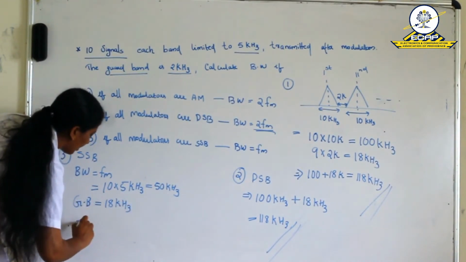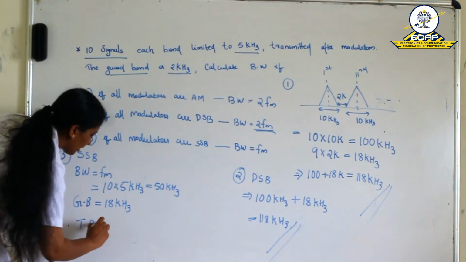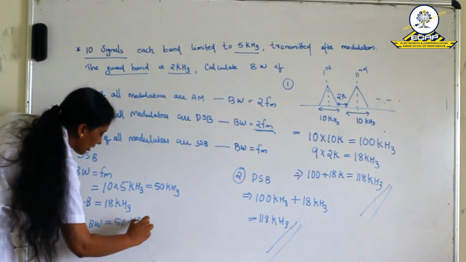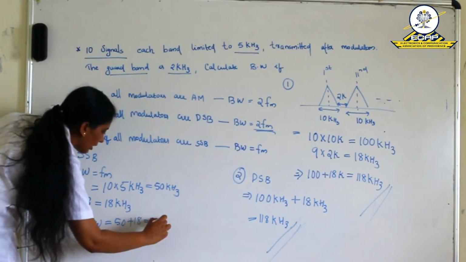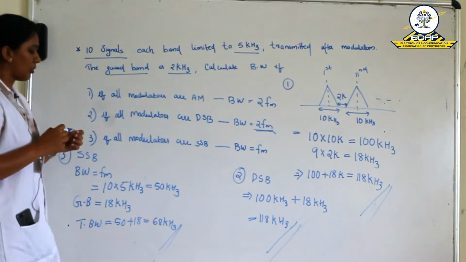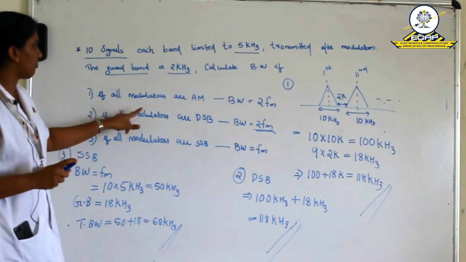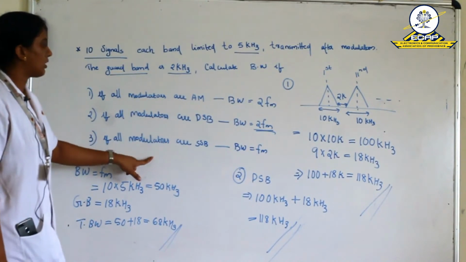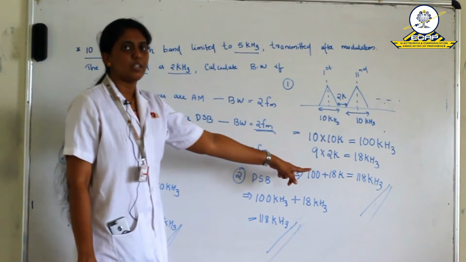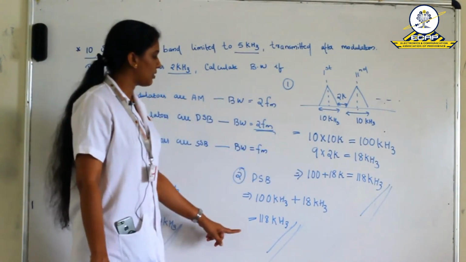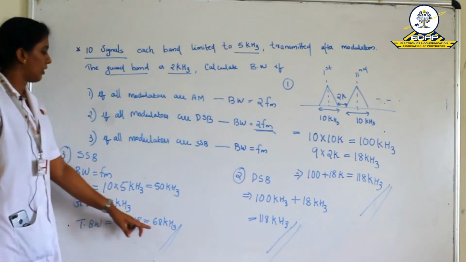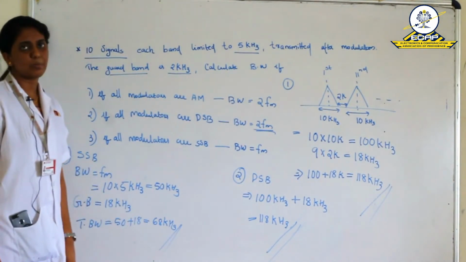So the total bandwidth is 50 plus 18, that is 68 kHz. So the first question is related to AM, the second DSB, the third SSB. For AM, the total bandwidth required is 118 kHz. For DSB it is also equal to AM, that is 118 kHz. For SSB, we only require 68 kHz bandwidth.